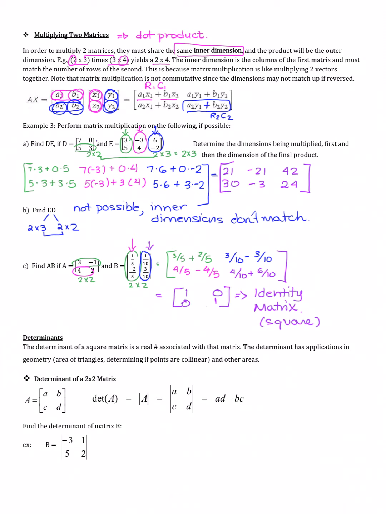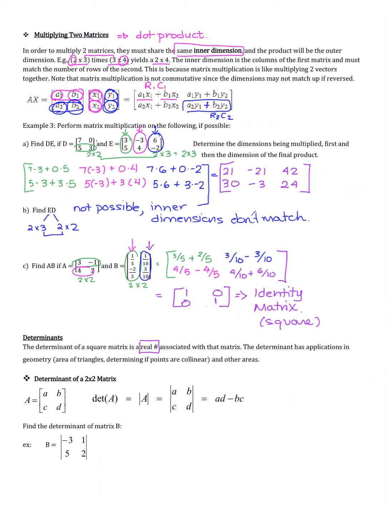Okay, so let's talk determinants. So a determinant is a number. That's the first thing. It is just a real number, one number associated with that matrix. It has a lot of applications. You can find the area of triangles, determine if points are collinear.